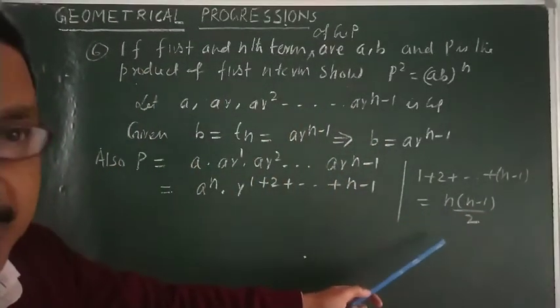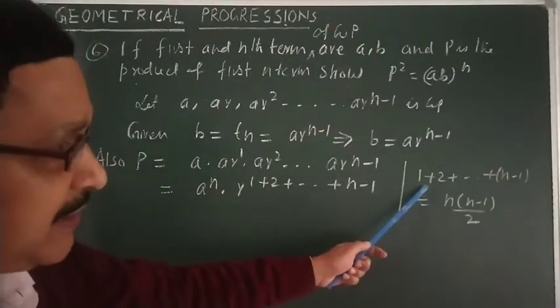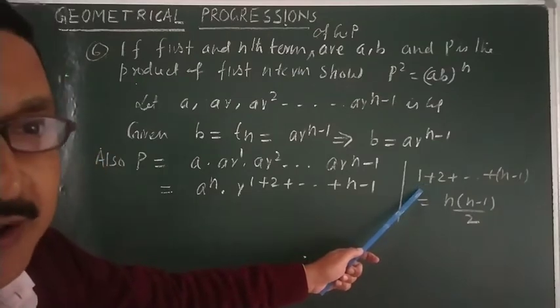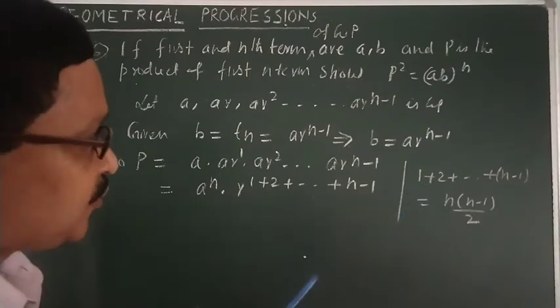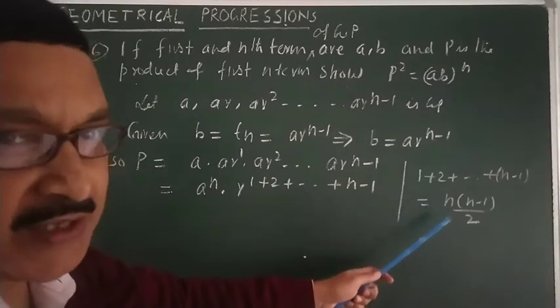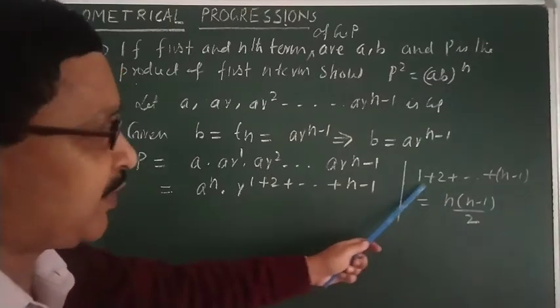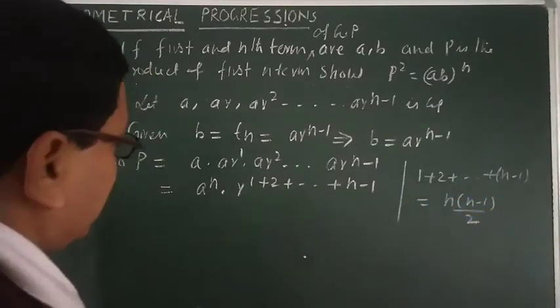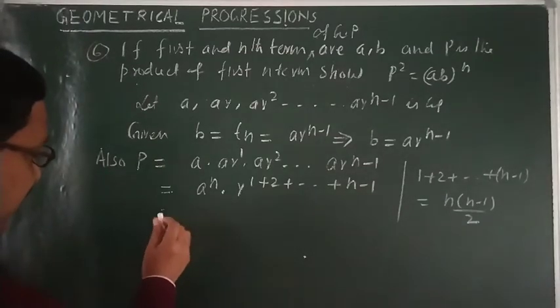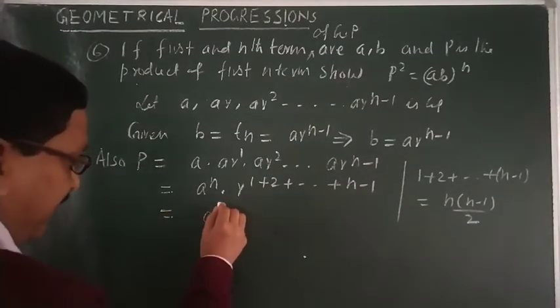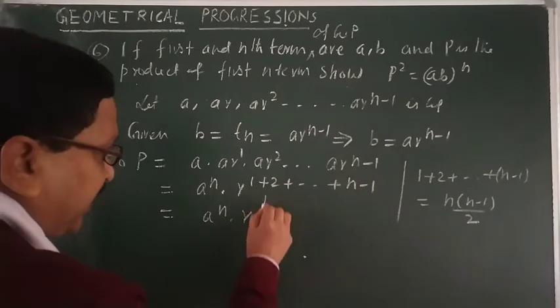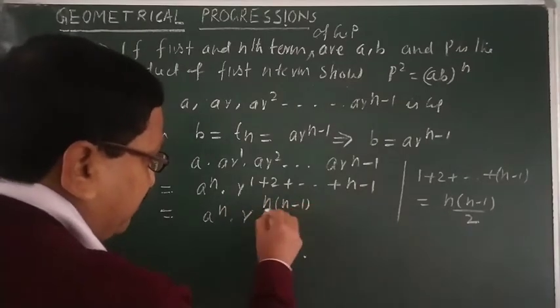This must be remembered by you. You can add this by the fastest formula I have discussed already, and you know from class 10 how this is added. The number of terms is n minus 1. So then, we get A to the power n, R to the power n into n minus 1 by 2.